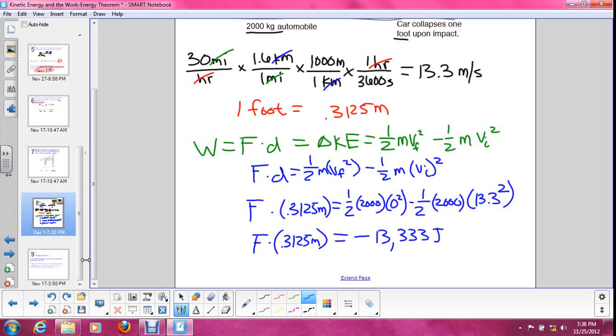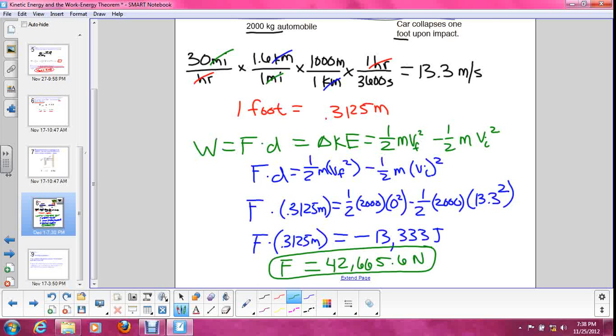Over 13,000 joules. But we have one more step left. In order to find the force applied to this man, we have to divide both sides by 0.3125. So the force applied to the man in this car is 42,665.6 newtons.